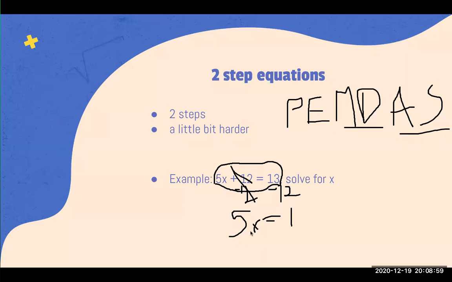All we have to do is divide by 5 on both sides because this 5 is being multiplied to x, and we want to make x go all the way by itself. This gets canceled, and what we have left is x equals 1 over 5.